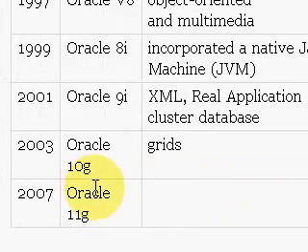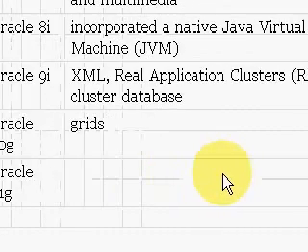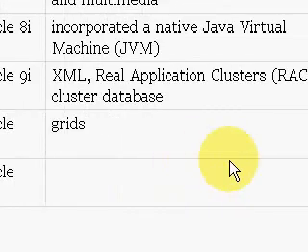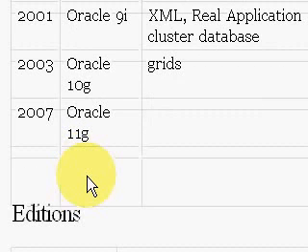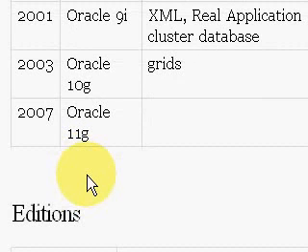Then Oracle 9i was in 2001, and this included XML and Real Application Clusters. In 2003 we got to 10g, which focused on grids for displaying data easily. And then in 2007 we went to Oracle 11g.